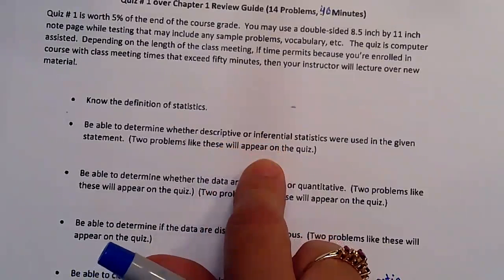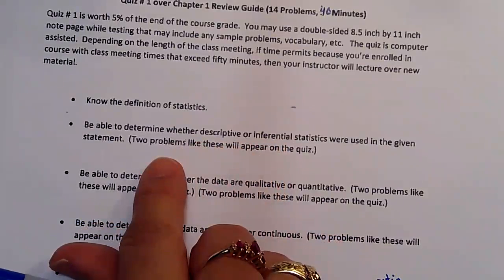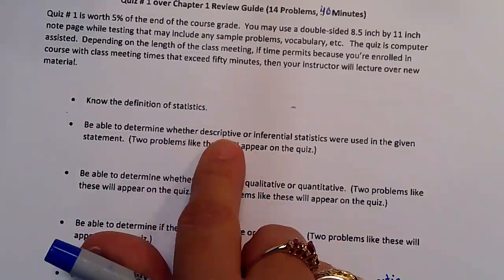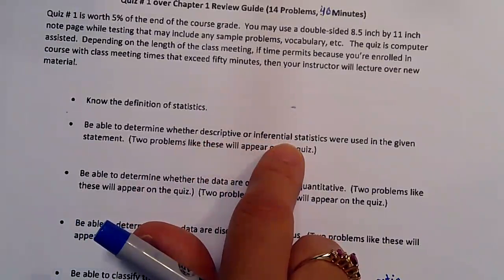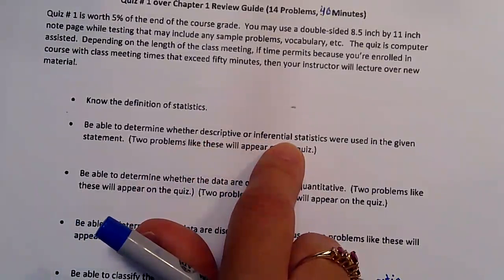The computer gives you two problems, but it randomly generates them, so you're not sure if you're going to get two descriptive, or two inferential, or one of each. You have no way of knowing, because the computer just randomly pulls from that set.